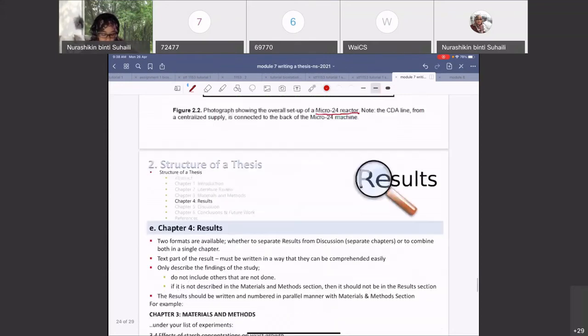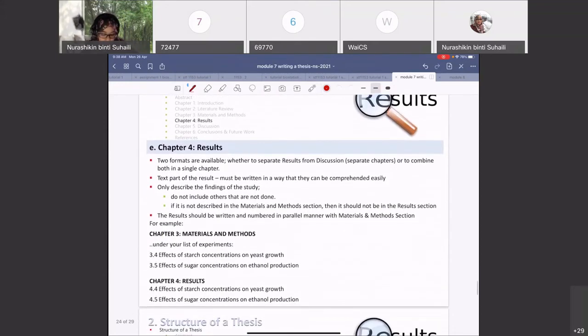Right. The next chapter is results. For the results also, you can divide it into subchapters. Because if not, you will have everything in a mess. Your results will be a lot, right? So you should divide it to make it more organized.